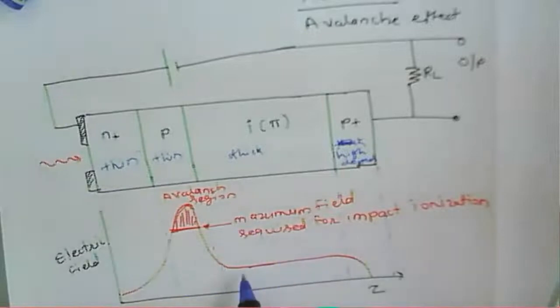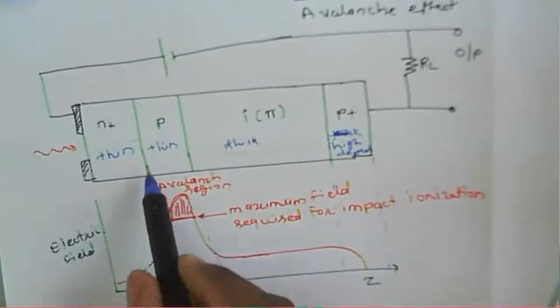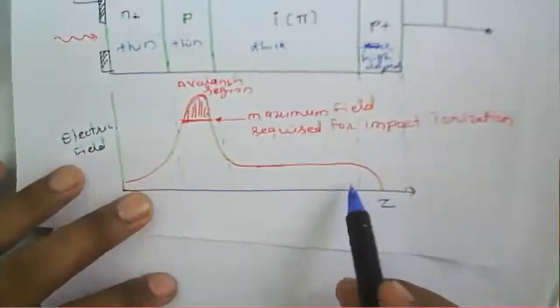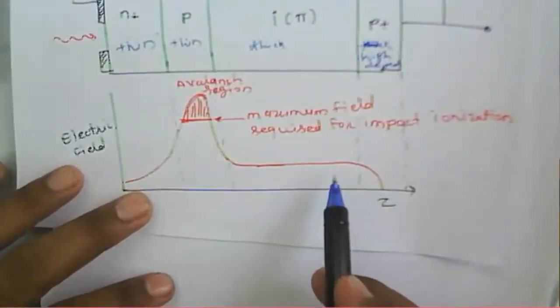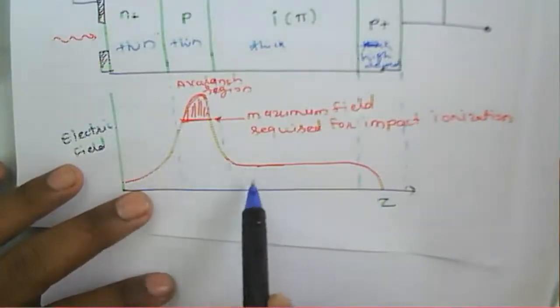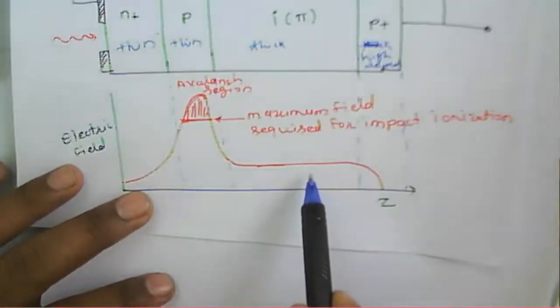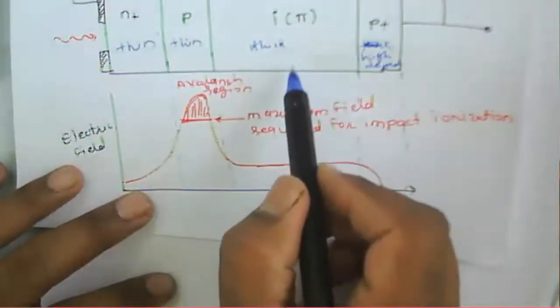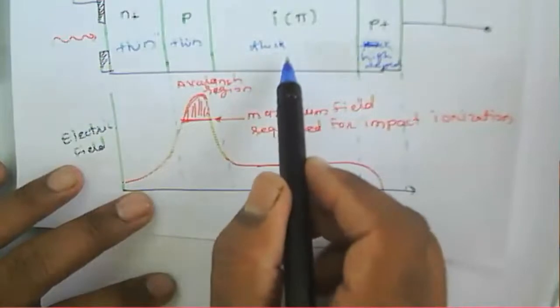And if you see the field, at this particular junction it will be high, and the field is constant here. So throughout this particular layer, the field is uniform, and that will separate the electron and hole pairs in this particular region.